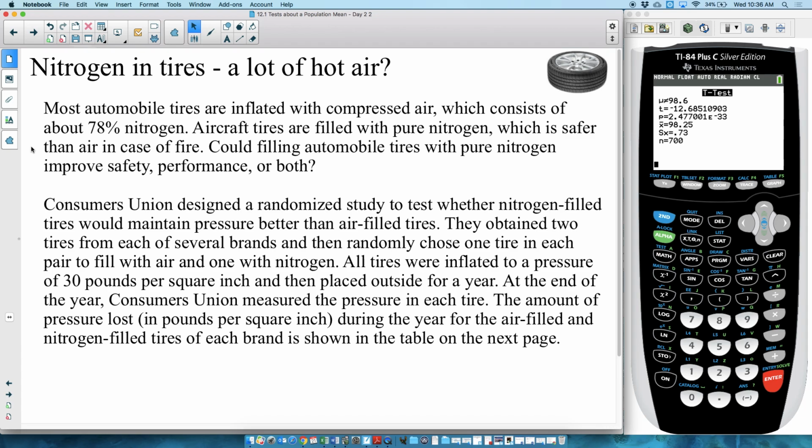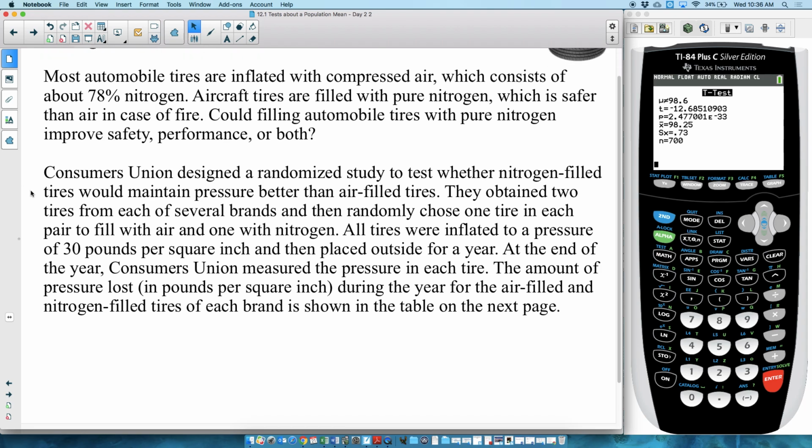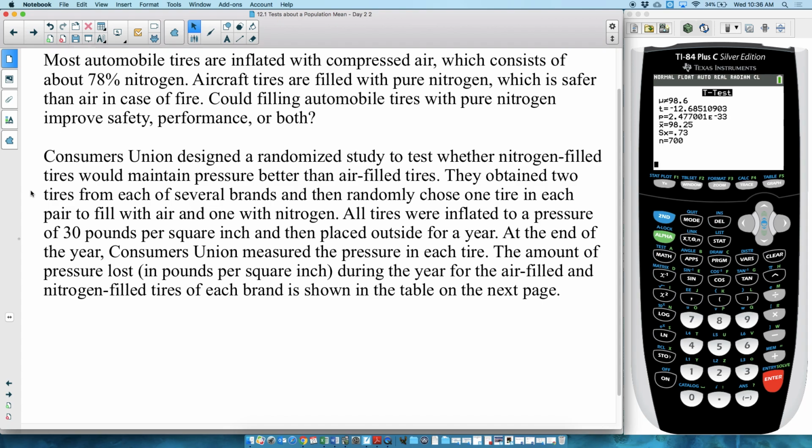Obviously, that feeds fire. So, could filling automobile tires with pure nitrogen improve safety, performance, or both?